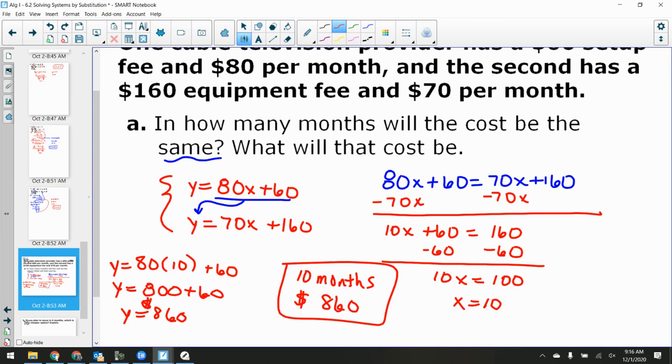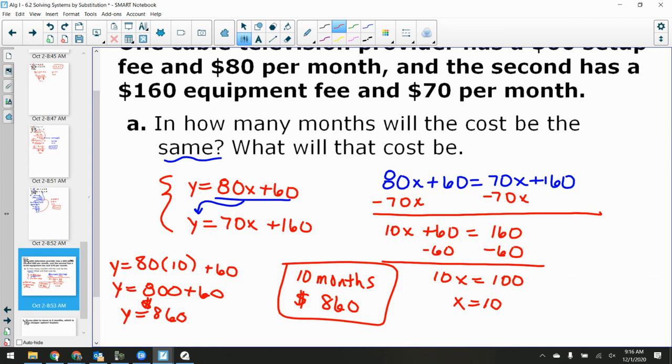You know, my last question asks what the OST loves to ask. If you plan to move in 6 months, which is the cheaper option? Company 1 or company 2? Company 1. Wait, are we sure?